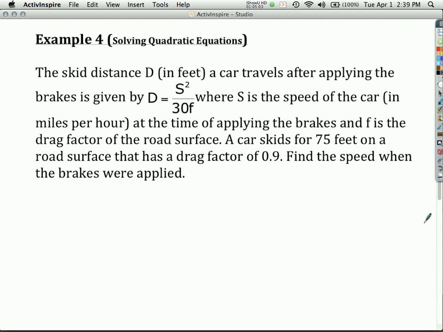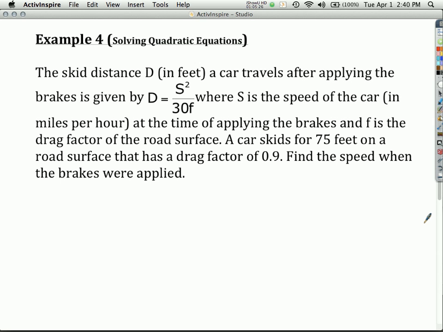Anyone know what CSI stands for? It's the name of a TV show. Davis? That's right. Crime scene investigation. And this is the kind of thing that a crime scene investigator would use.